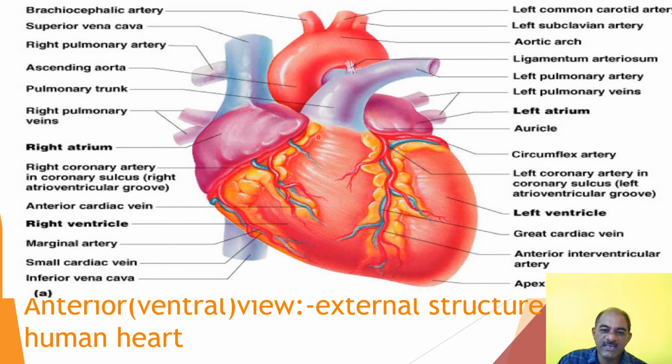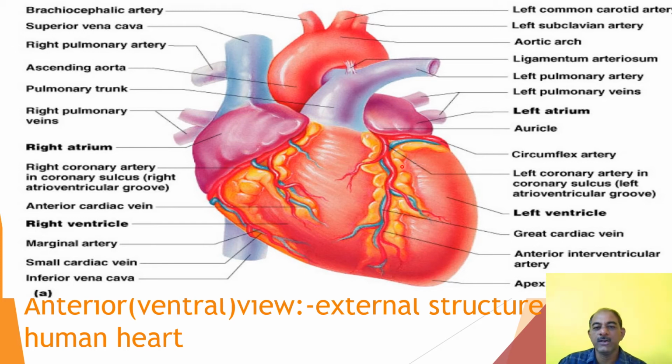These auricles and ventricles are separated by a transverse groove, that is the atrioventricular groove. And atrioventricular groove is present on the right side as well as the left side.